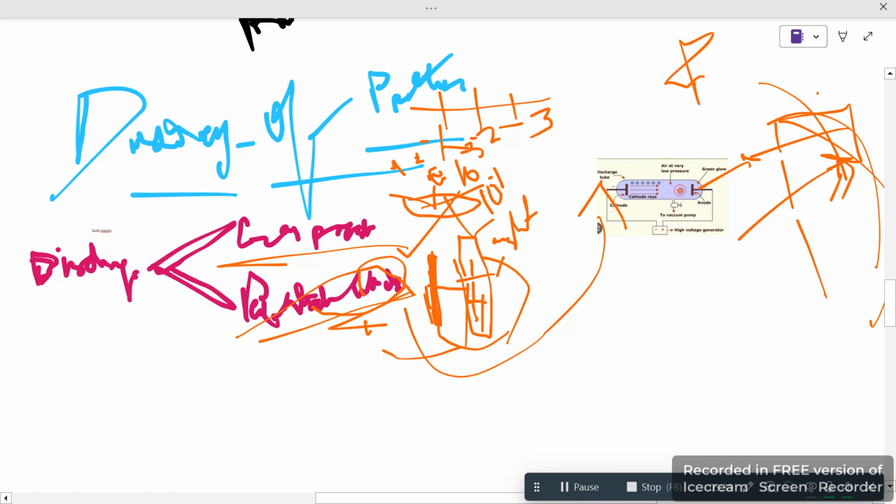So from here the electrons will move towards the cathode side, and the light will be produced on this side.